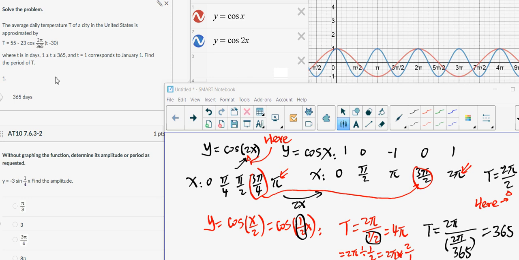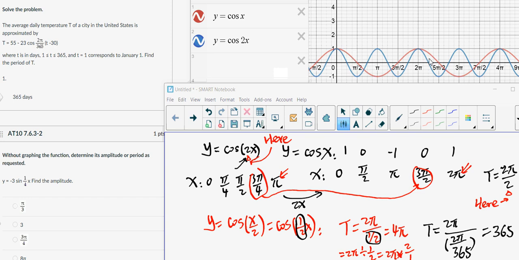Okay, so before we do that, we want to look at the general case. First, cosine x has this picture, the red one.